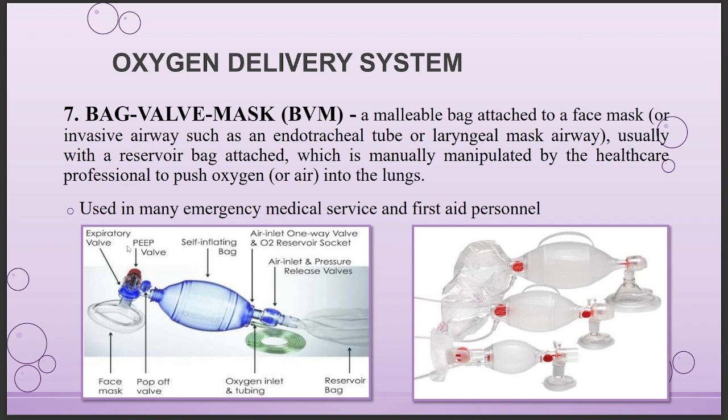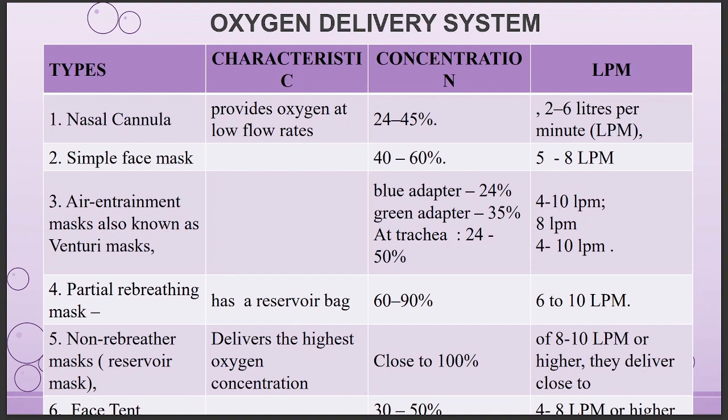As you can see, the parts of an AMBU bag. So to summarize, here I have listed all the oxygen delivering systems, the concentration of oxygen each provides, and the rate of oxygen it delivers.